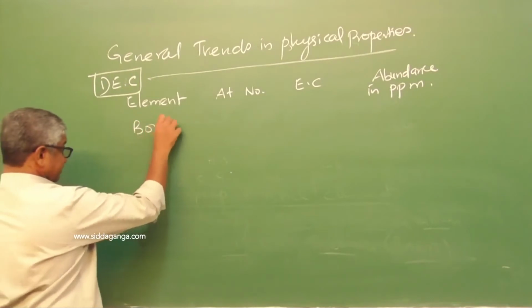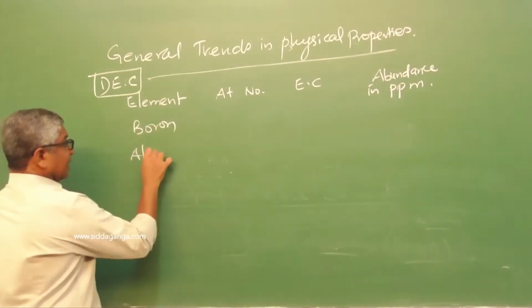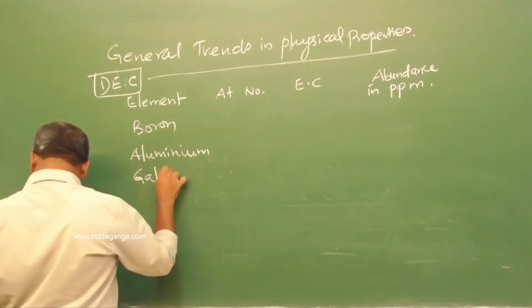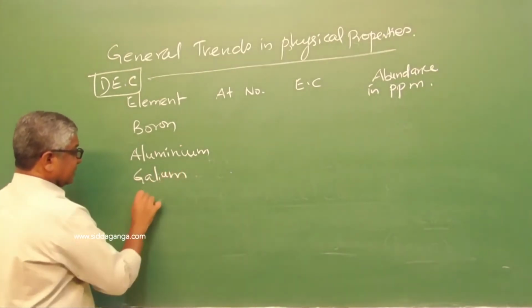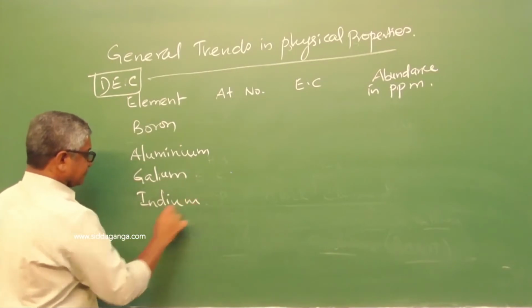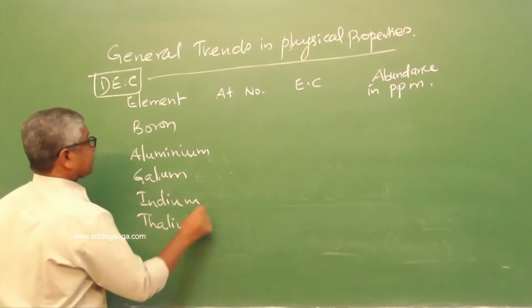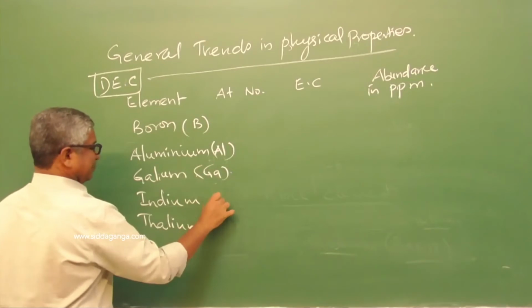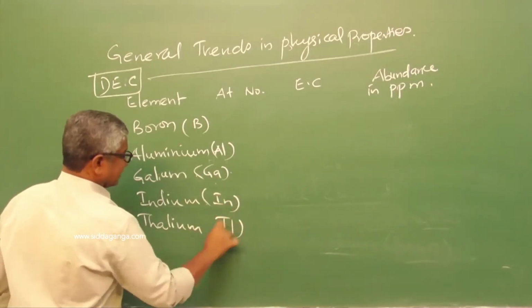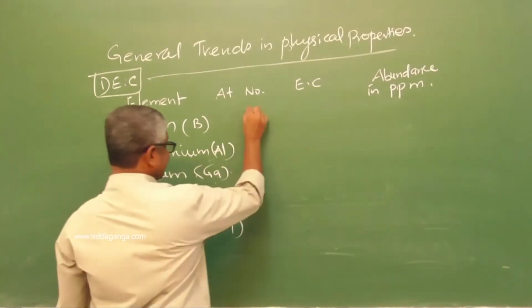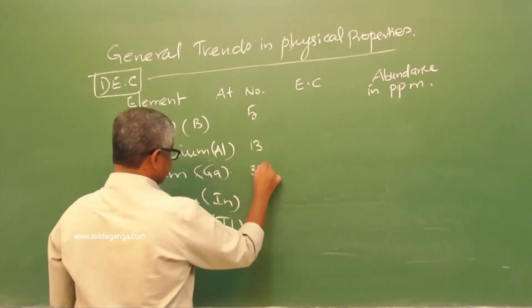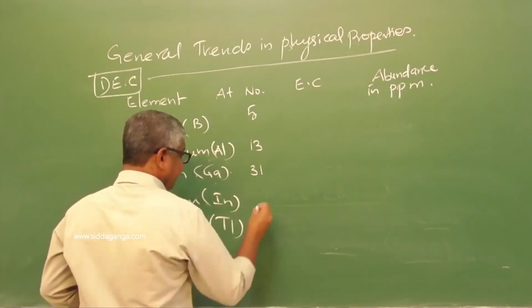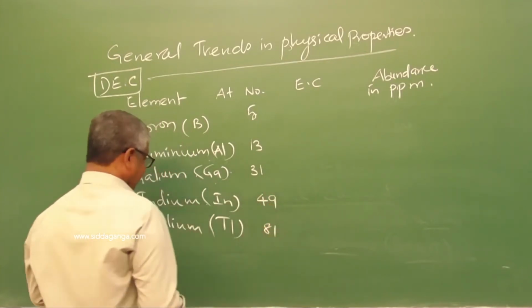The elements are boron, aluminium, gallium, indium and thallium, with their symbols. Atomic numbers are 5, 13, 31, 49 and 81.